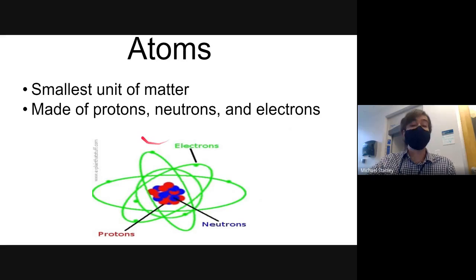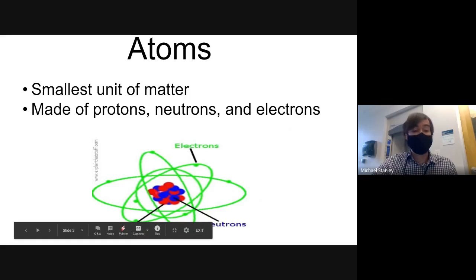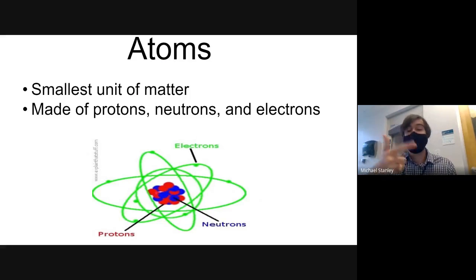The atoms themselves are grouped into three smaller pieces, three subatomic, or smaller-than-atom, particles that go into making up an atom. They are protons, neutrons, and electrons. Protons, neutrons, electrons, three of them.